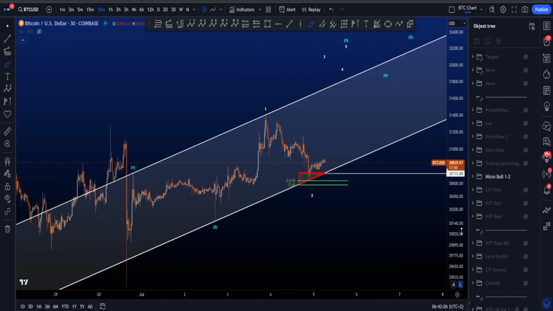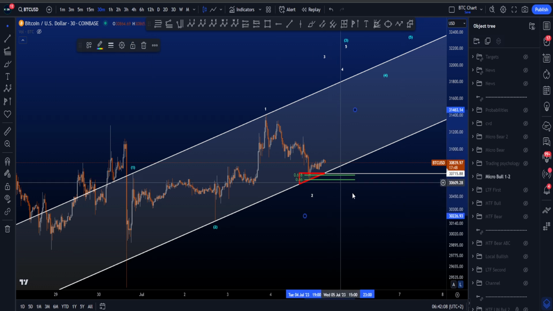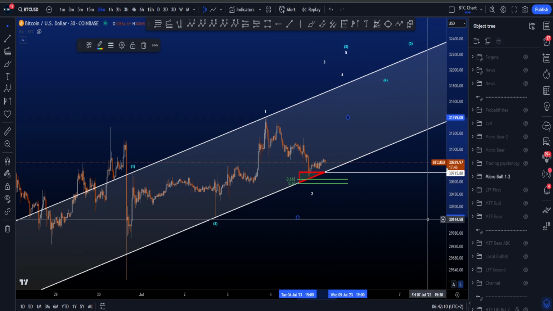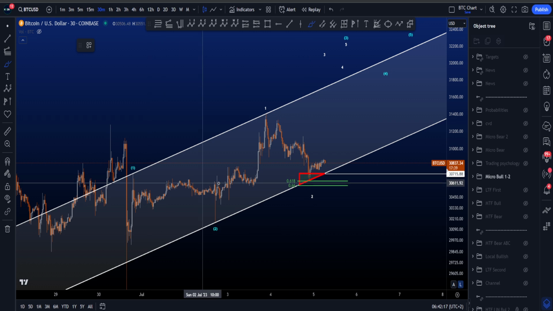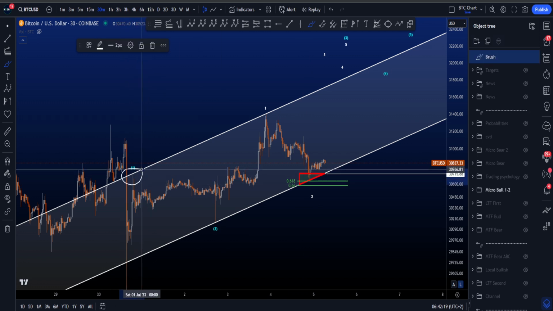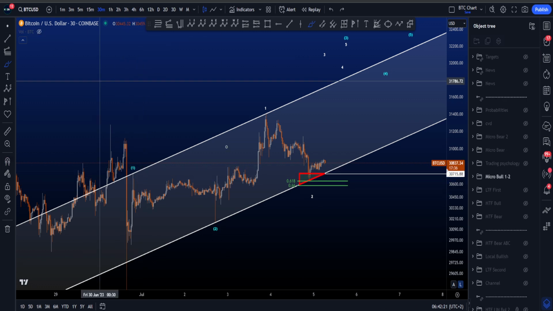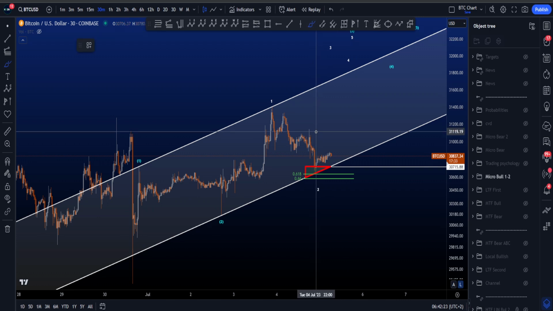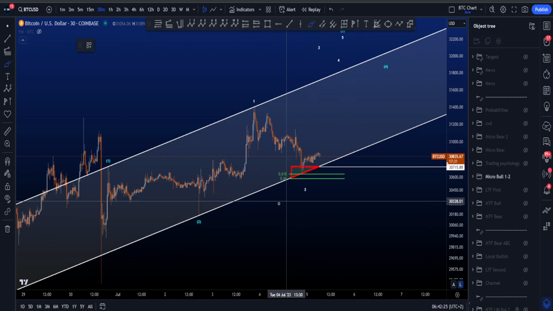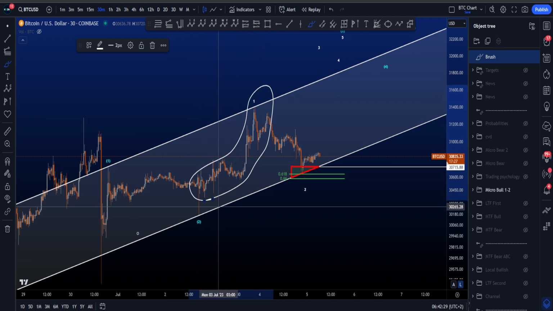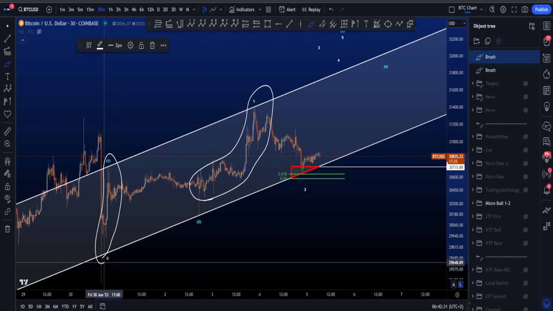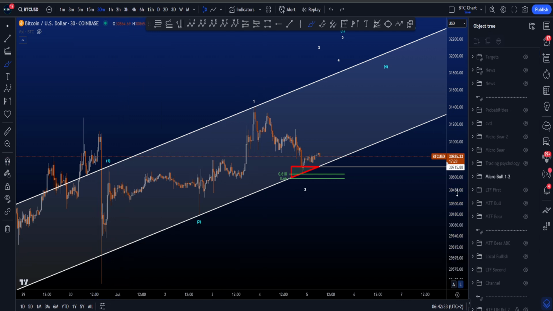And if we then look at this scenario, a 1-2-1-2 setup, well, this is the only one that is still there for the bulls, mainly because a 1-2-1-2 setup, you want overlap with wave 1 preferably, and it doesn't invalidate it for sure. The only thing that's not really nice about this 1-2-1-2 scenario is that this second wave 1 over here is much longer in time compared to the first wave 1, which is not something you like to see.